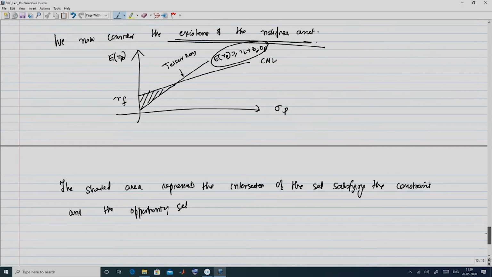So, it is the intersection of the region above the Telser ray and the opportunity set, and this intersection is given by this shaded region.